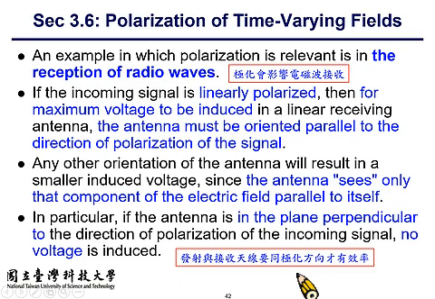Of course, if the transmitting antenna is vertically polarized, your receiving antenna is supposed to be vertically polarized as well, to fully take advantage of the incoming electromagnetic wave. If you orient your receiving antenna horizontally, then you got nothing, even though there is E field present at this position.